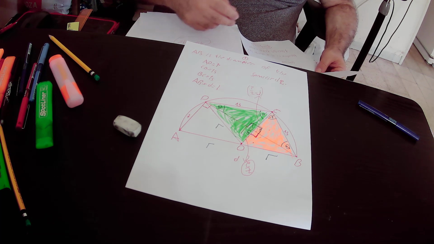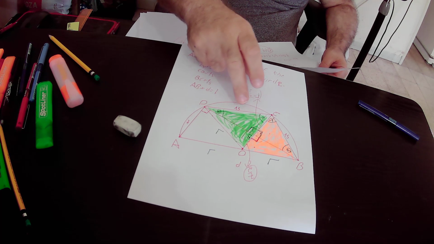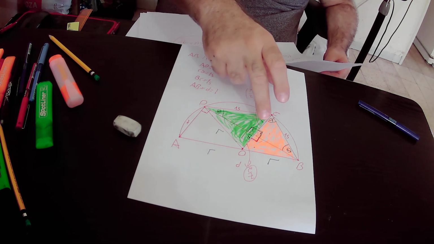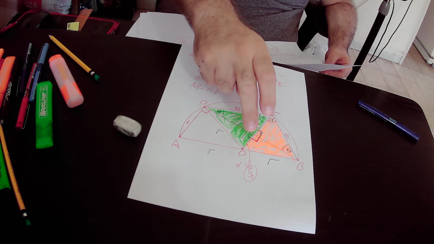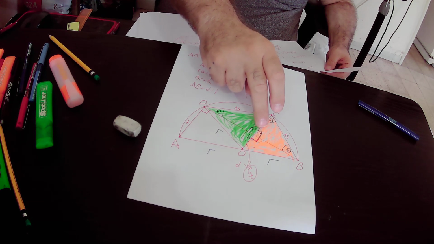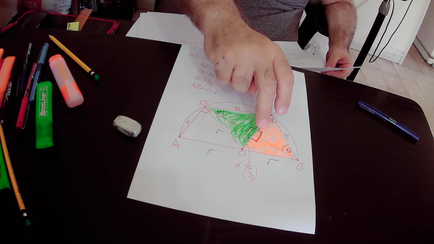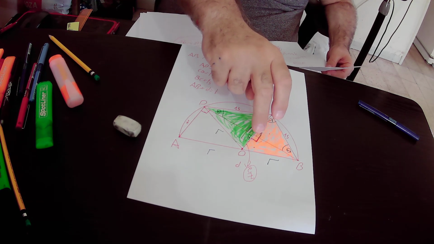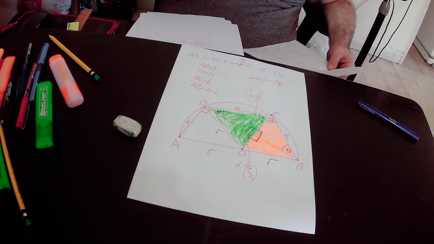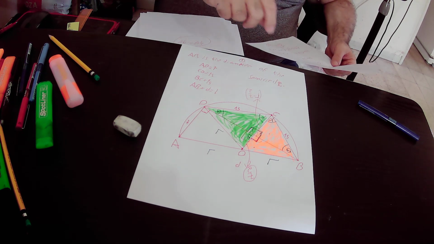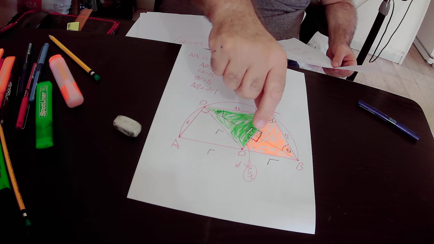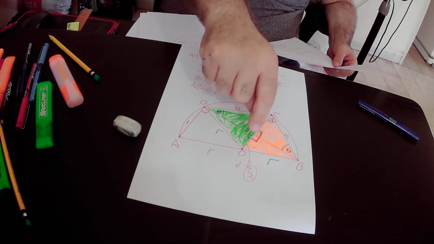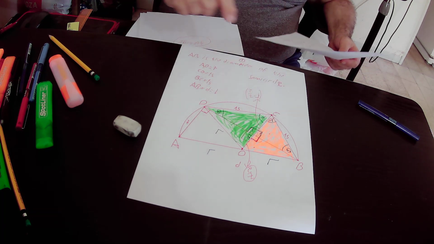Therefore, we know that along a straight line at one side, the sum of its angles equals 180 degrees. Therefore, this angle plus this angle must be equal to 180 degrees, because OC is a straight line, and the sum of the angles along it at a certain point, point E, must be 180 degrees.